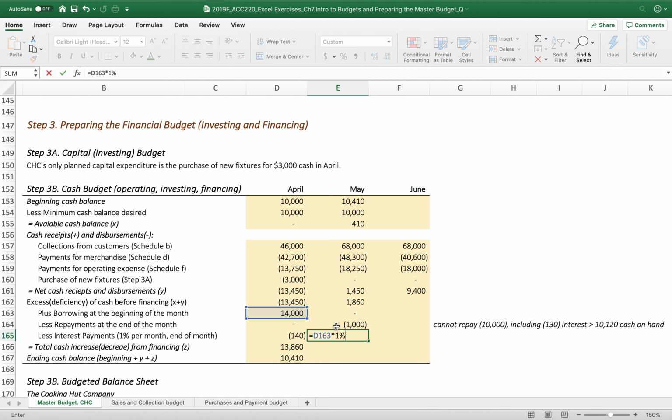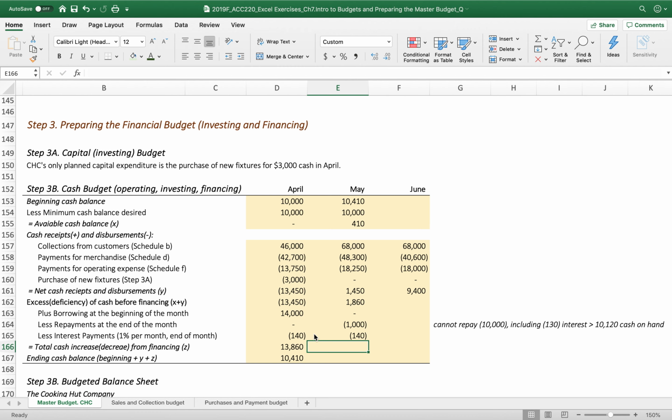Why didn't we subtract $1,000? Because this $1,000 is incurred at the end of the month repayment. So this $14,000 is the principal the company should apply into calculation of interest expense. Okay, so that is the interest, the cash out.